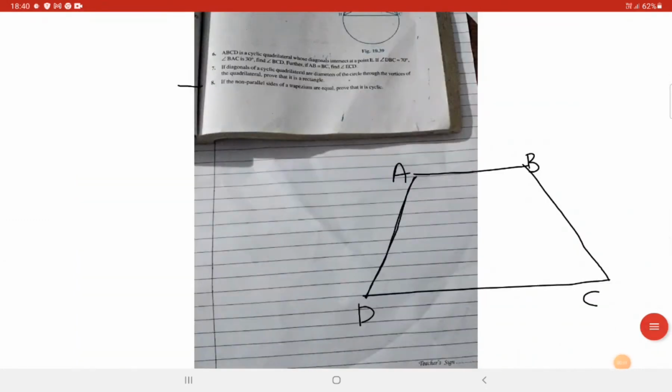Okay, here we have to do one construction. Extend AB, and draw a line through C parallel to AD.